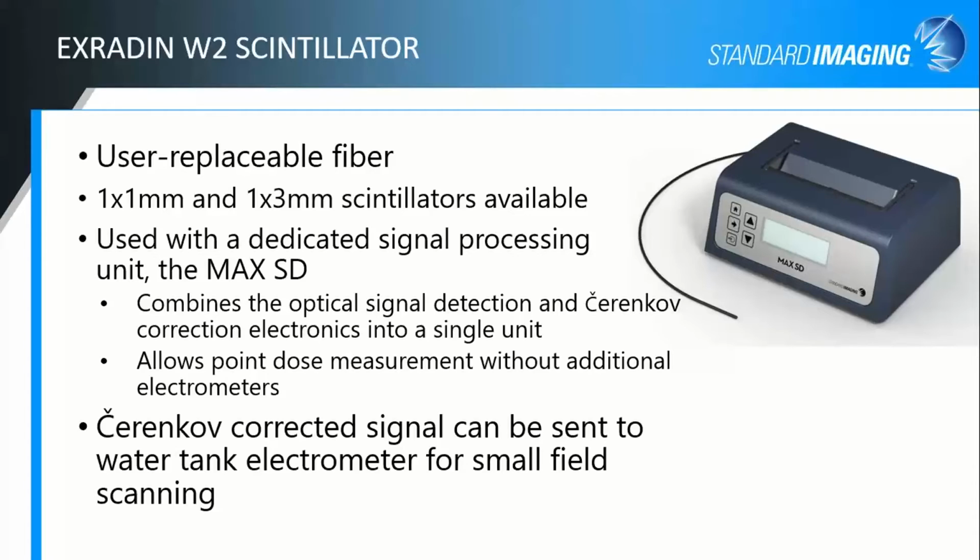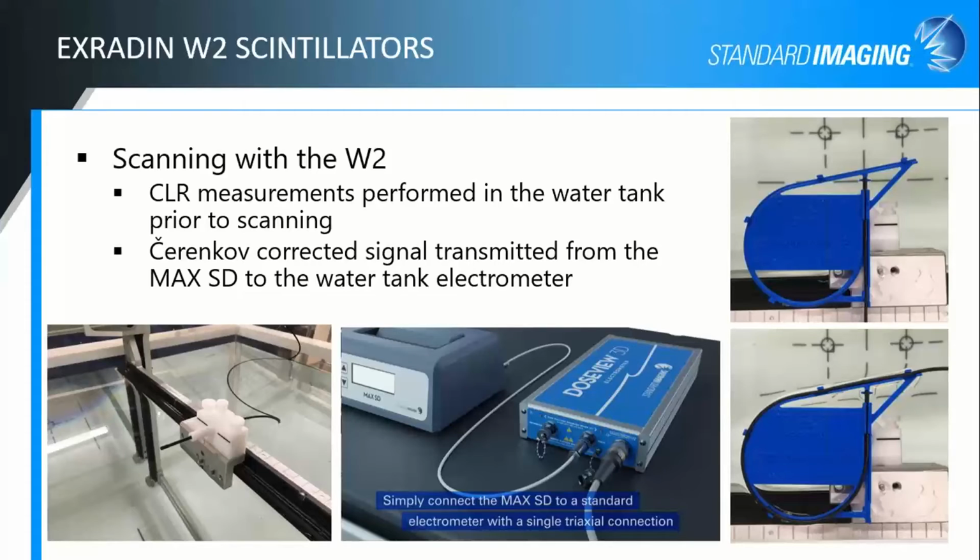So the Max SD acts as a pass-through where it takes in that optical signal, does a fast Cherenkov correction, and then converts that corrected signal into an analog output that can be sent to your water tank for scanning those small fields. So every 10 milliseconds, it does an integration and sends the signal over to your water tank. So you do have to scan slowly with it because it's a low signal device, but because you're doing just small fields, it's totally worth it.